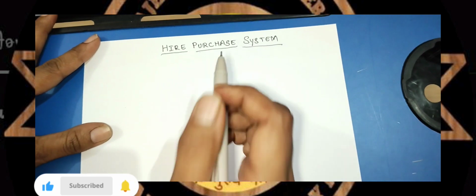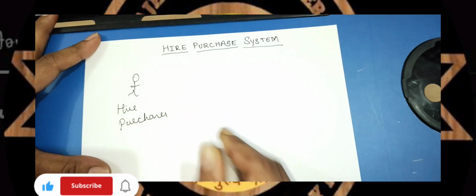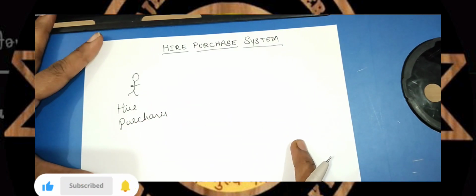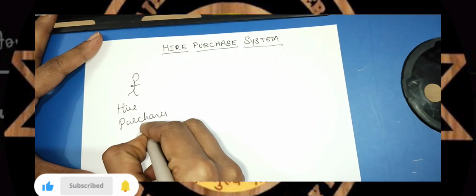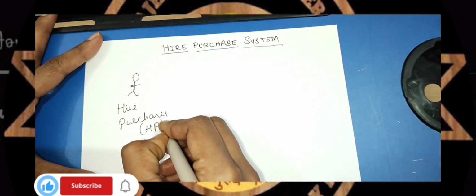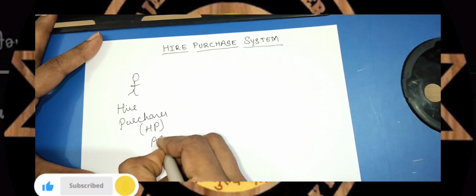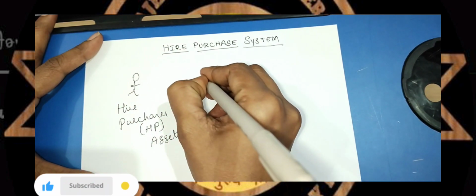It is an agreement between two parties. Here we have a hire purchaser, the person who purchased the asset. For him it is an asset. And from whom is he purchasing?